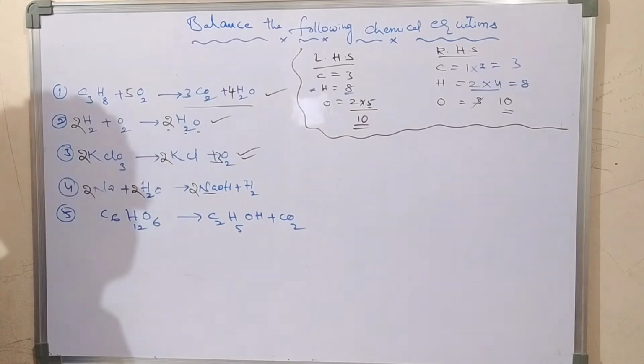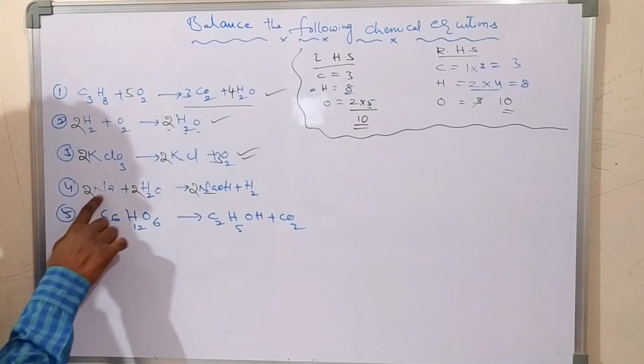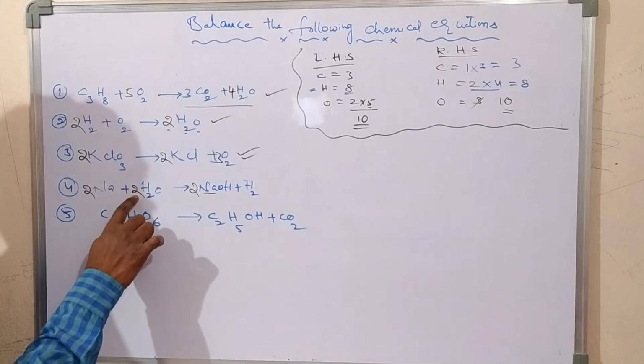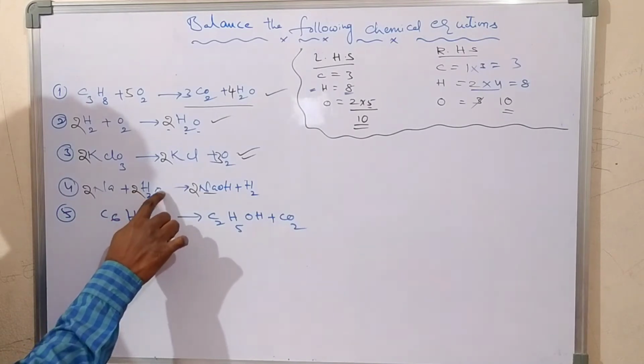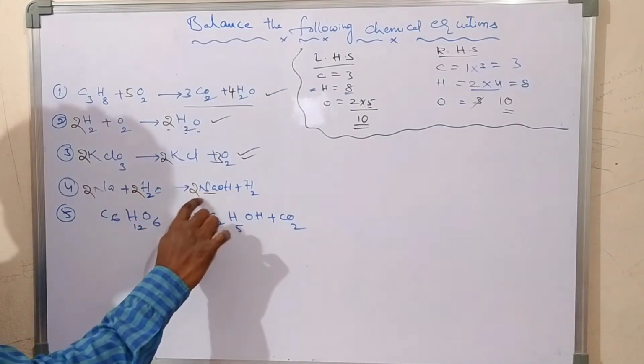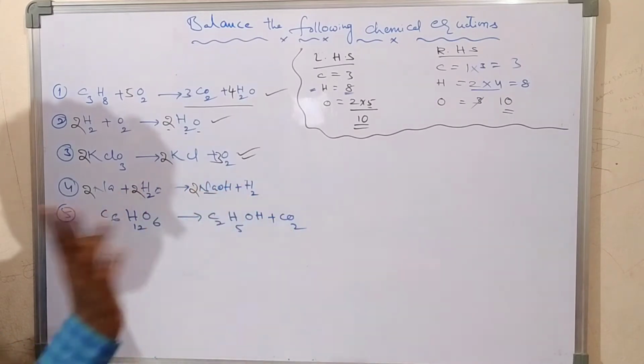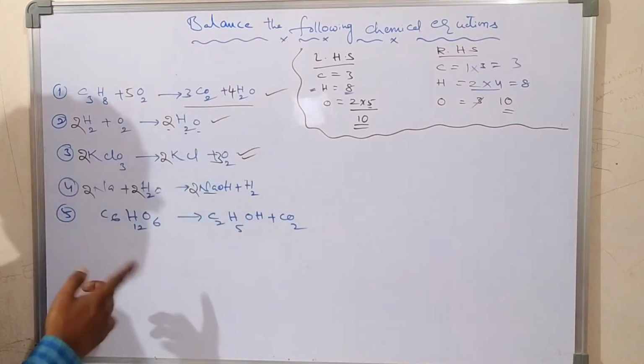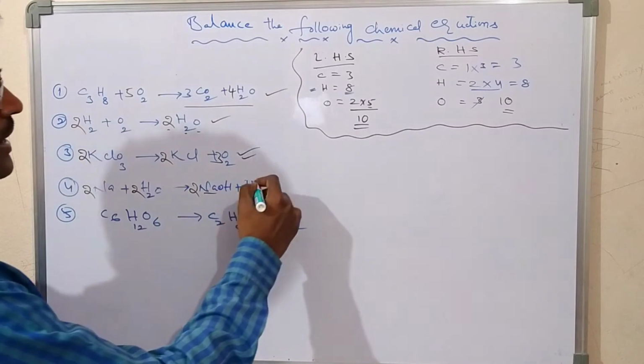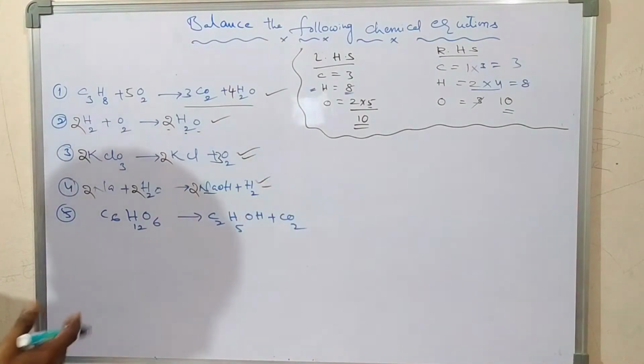Now check whether it is balanced or not. 2 sodiums, here 2 sodiums. 4 hydrogens, 2 oxygens. This is also a balanced equation.